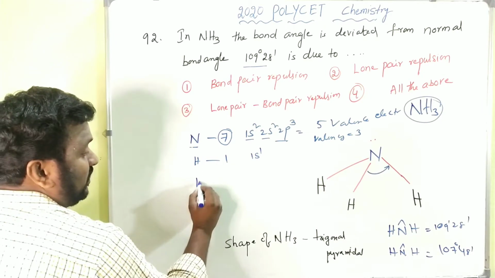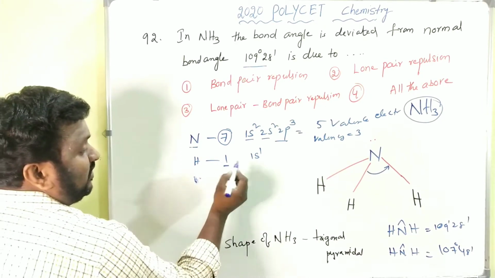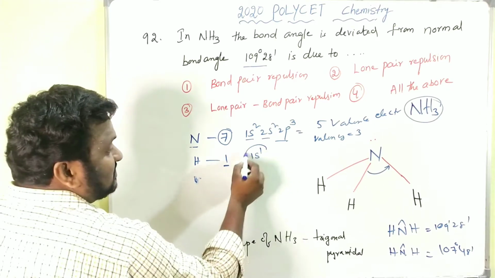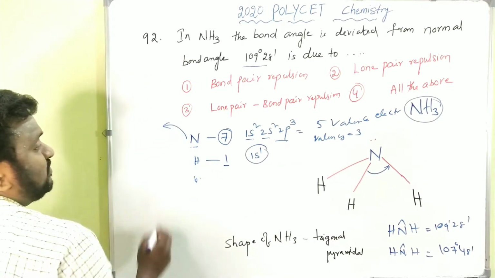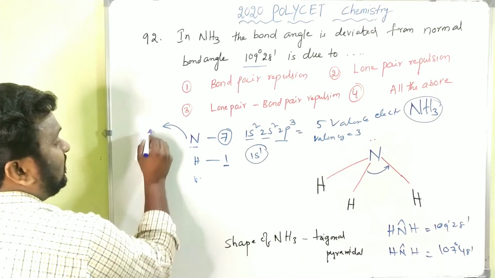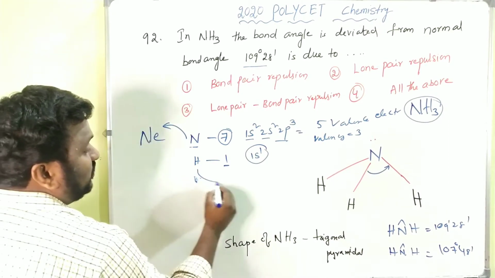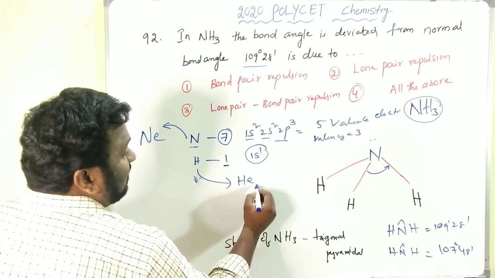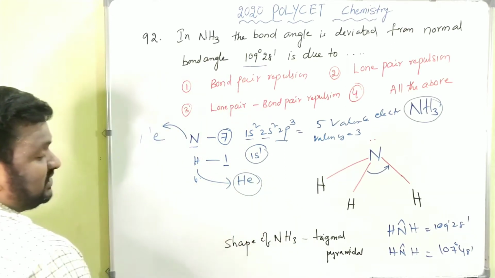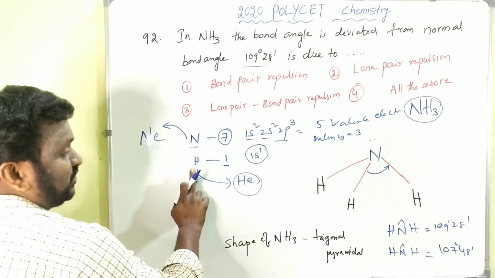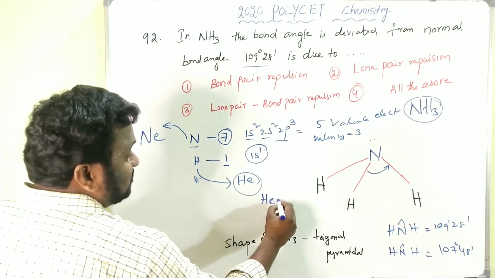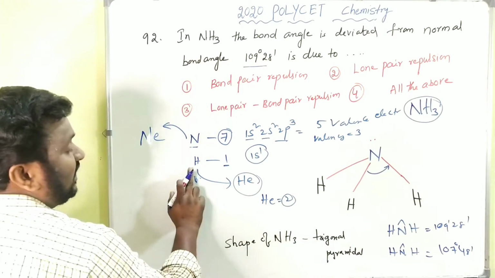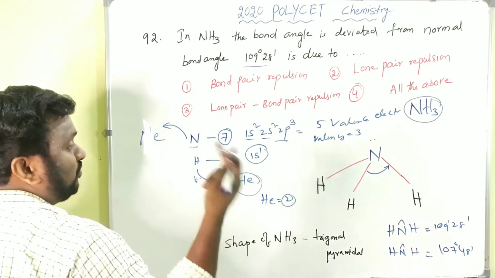Now hydrogen has atomic number 1, and its configuration is 1s1. Nitrogen wants stability, so it must gain the neon configuration, and hydrogen wants the helium configuration. Since He consists of 2 electrons, a single hydrogen requires one more electron.